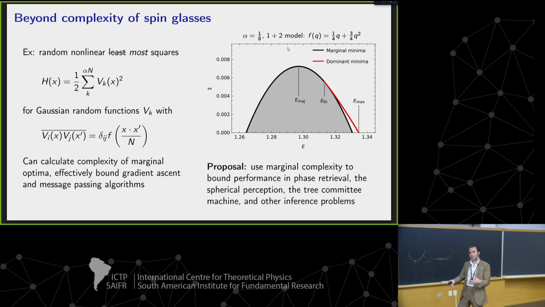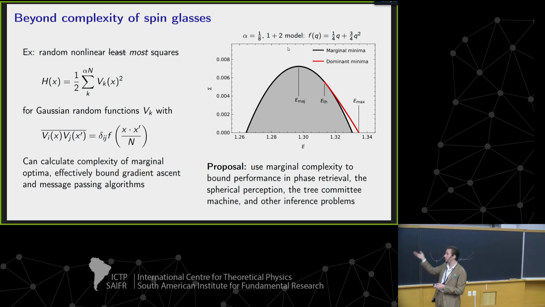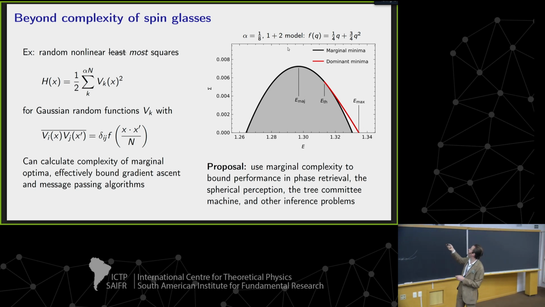Taking the tools that are well honed in spin glasses and making certain adjustments to try to move them into this field of non-Gaussian landscapes, it's possible, in fact, to compute the complexity of marginal maxima in this case, of these sort of functions. So here, for instance, in this model I've outlined is the spectrum of marginal optima for a certain instantiation of this problem, and it has some range.